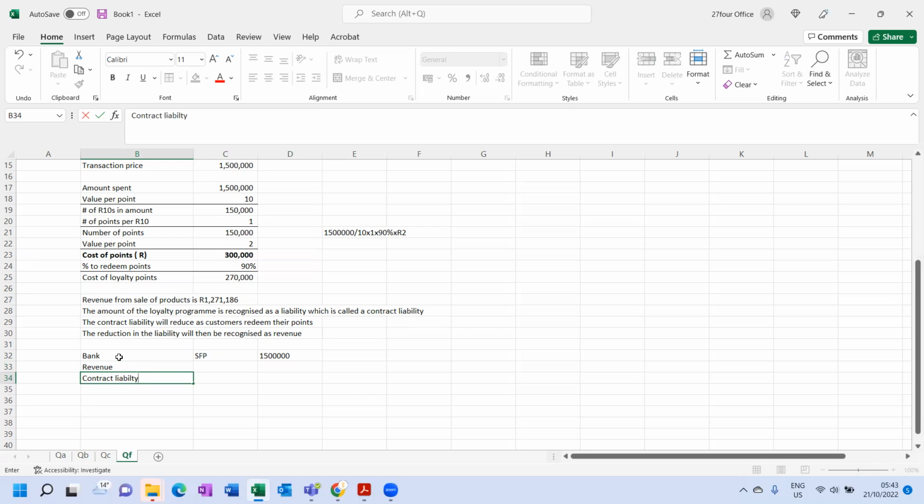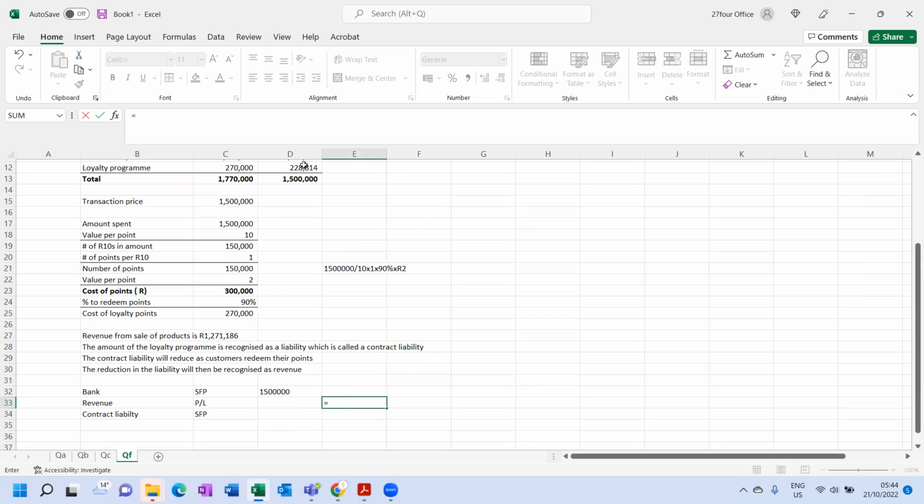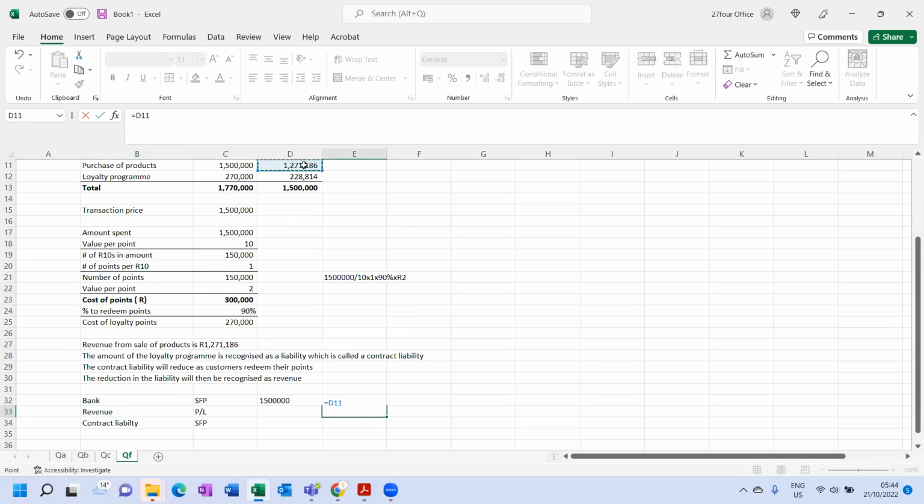So when the transaction took place, this is SFP, and this is P&L. The credit for revenue would not be 1.5 million, it would be that amount over there, and the contract liability would be that. Just take note of that.